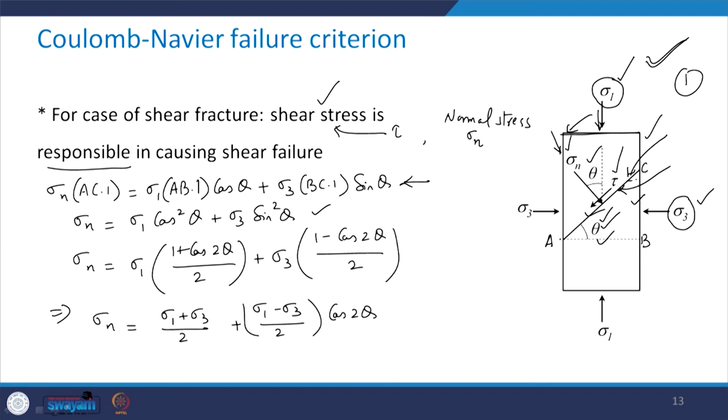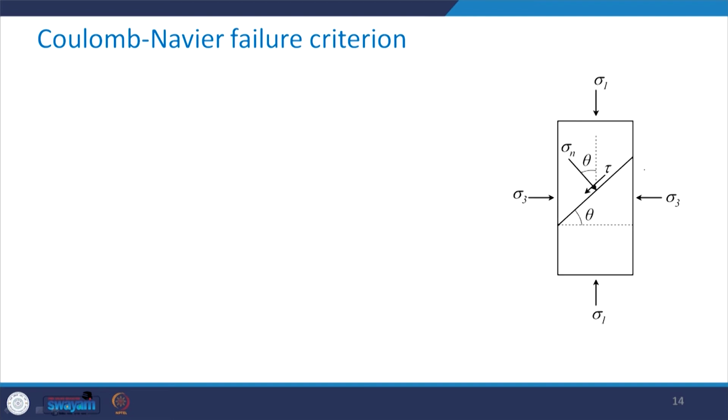Now similarly we can write the force equilibrium equation parallel to the plane of failure, which is this. See here how I will write that. That's going to be tau into AC into 1, which is going to be sigma 1 into AB into 1 into sine of theta, minus sigma 3 into BC into 1 into cos of theta.